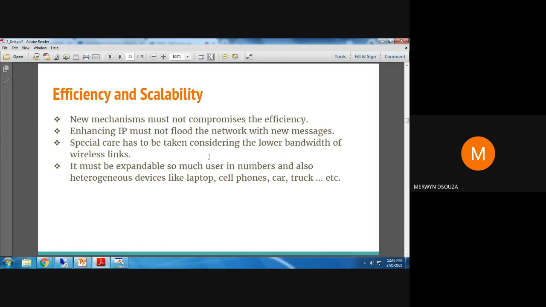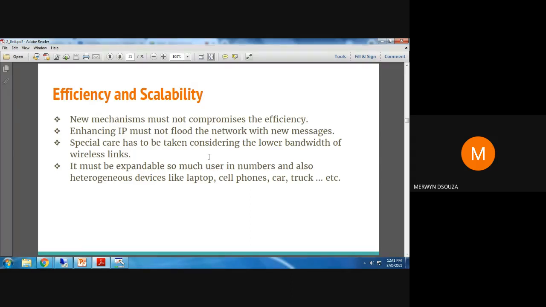When these hosts are moving around, it should not result in too much computational overhead or a large number of messages being sent, resulting in lower bandwidth. It should not flood the network with new messages. So efficiency and scalability means it should be able to support a large number of mobile users that are moving around without incurring additional computational overhead.